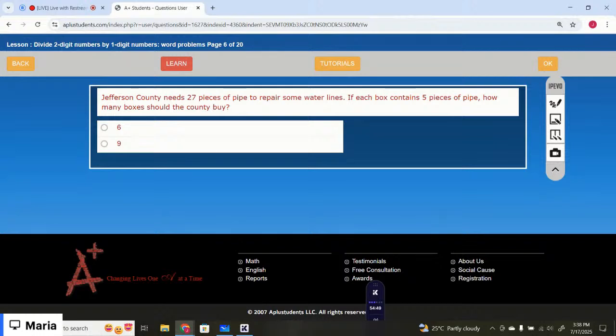Jefferson County needs 27 pieces of pipe to repair some water lines. If each box contains 5 pieces of pipe, how many boxes should the county buy? So which is the correct option?